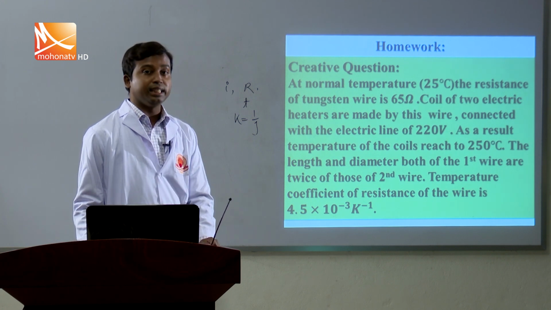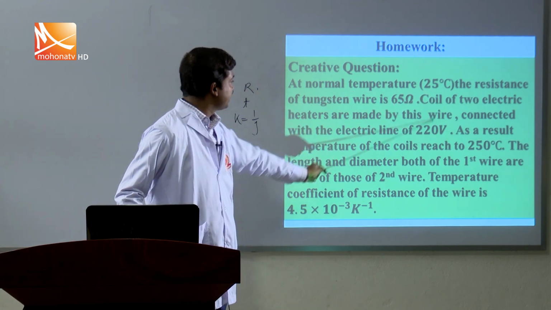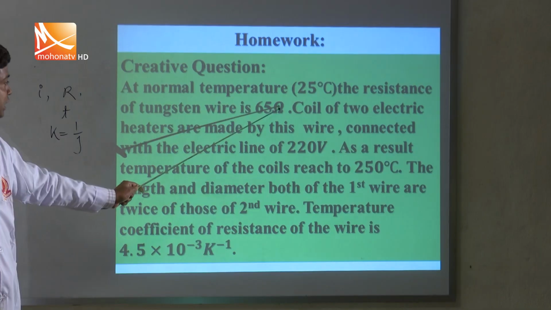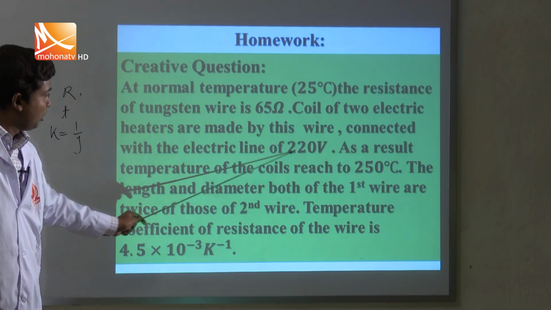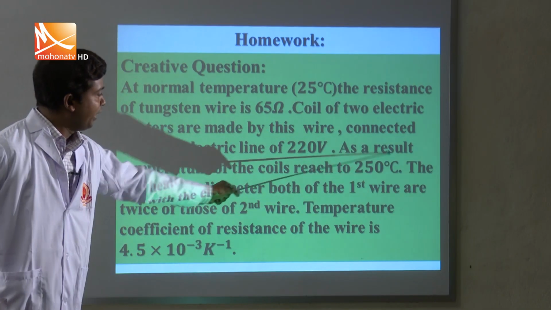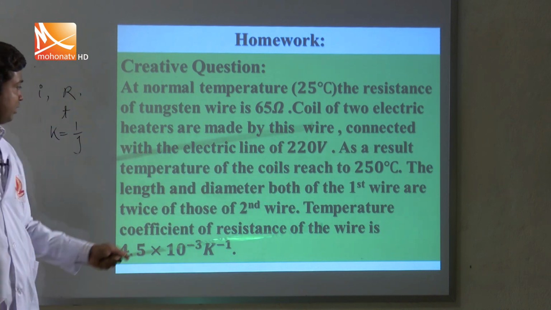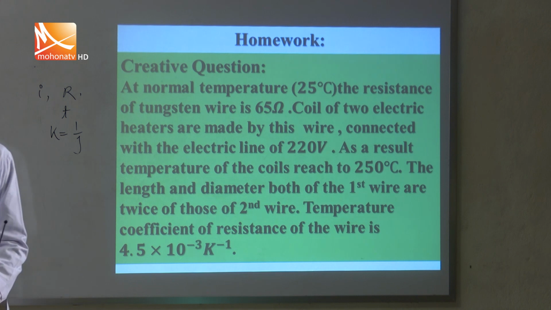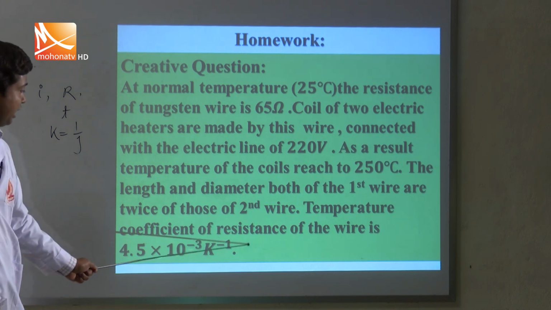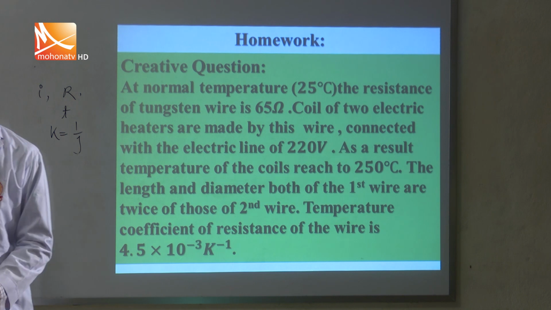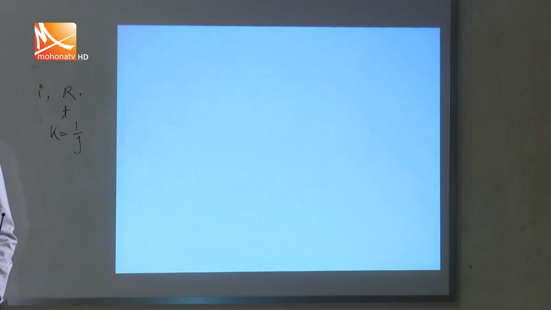But before going to them, let me repeat: this is the initial temperature, this is the resistance, this is the connecting voltage, this is the final temperature, and this relates the radius and diameter of the first and second wire. These two heaters are basically made by the same wire, and the temperature coefficient of resistance is also given.